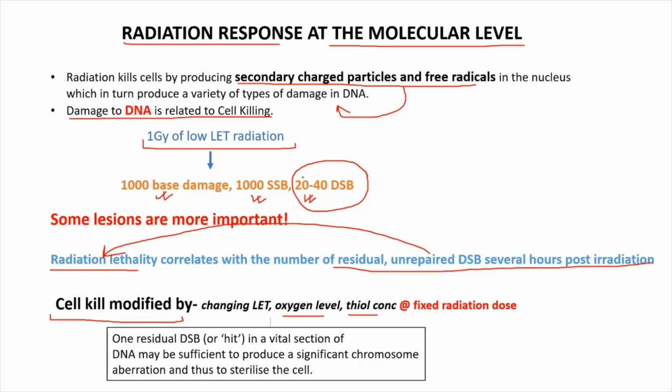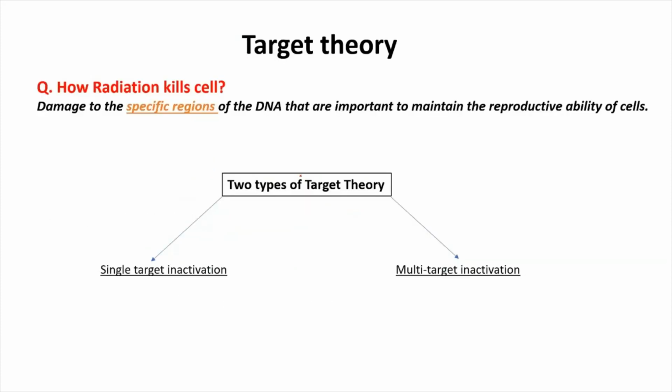One residual double strand breakage or a single hit in a vital section of the DNA is sufficient to produce a significant chromosomal aberration and thus to sterilize the cell. So we need to target some specific regions, and targeting the specific region will lead to the lethality of the cell. And there comes the concept of the target theory.